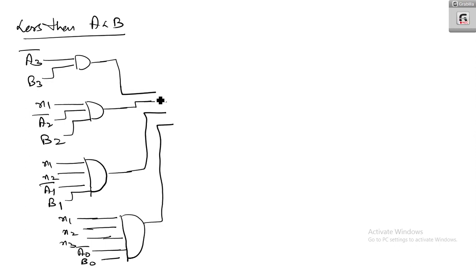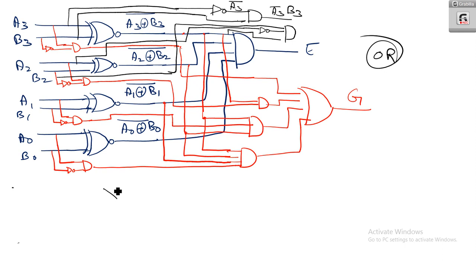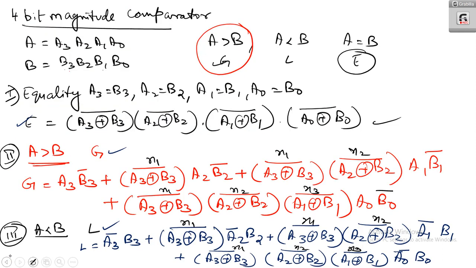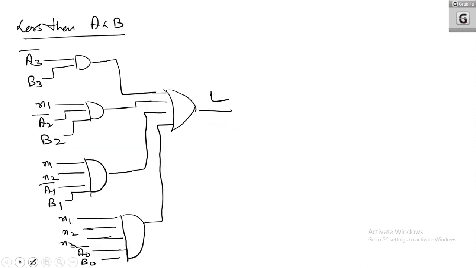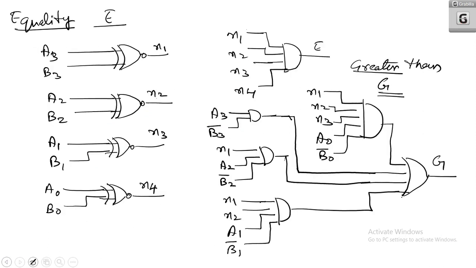If I am ORing these things, what we will get is less than. Okay, hope you have understood. So no need to stick to this figure, you can go this way also. For equality, greater than and less than, you can draw 3 circuits, but the only thing is that you should get the nomenclature as a signal flow graph.